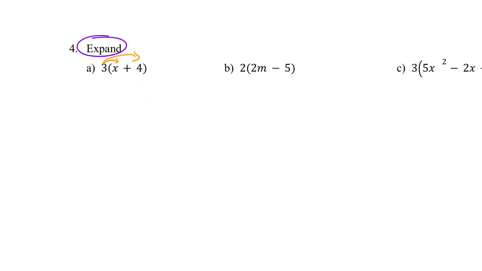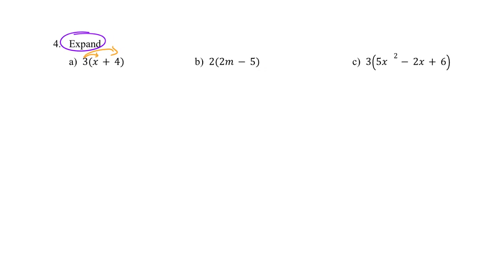Okay. So let's go ahead and expand that 3 in. We've got our 3 times x, and we have our 3 times 4. There we go. That's us using the distributive property to expand. Hopefully not that bad. Okay, I want you to give the next one a go. Okay, pause the video now, see what you can come up with.